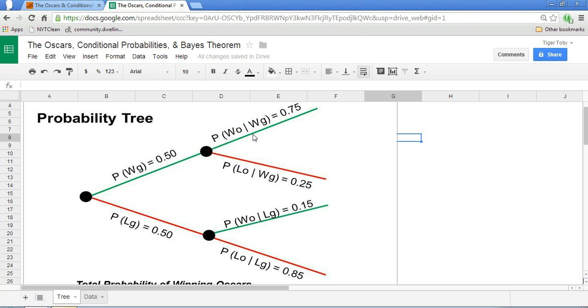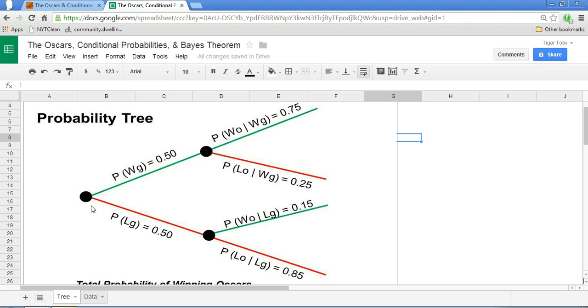Now, before we delve into that, what is the probability of winning the Golden Globes and winning the Oscars? Well, let's take a look here at our first two nodes. The probability of winning the Golden Globes times the conditional probability of winning the Oscars given winning the Golden Globes is equal to the probability of winning the Oscars and winning the Golden Globes. In short, if you take 0.50 times 0.75, you are going to get that probability.